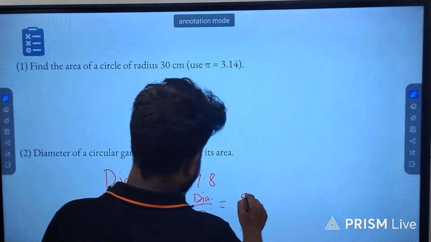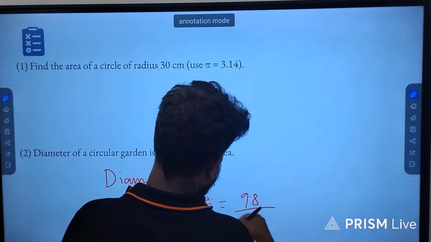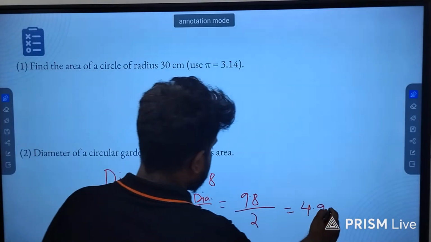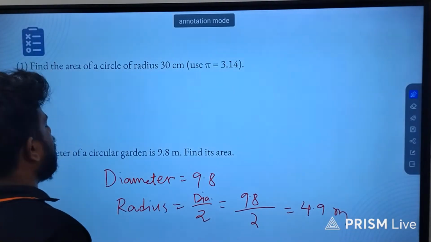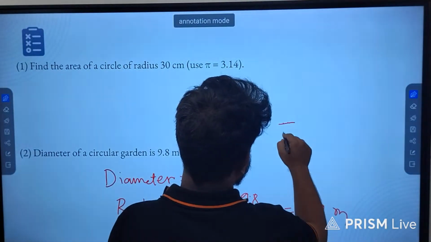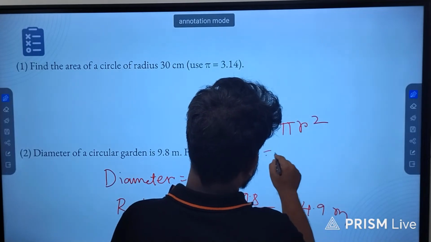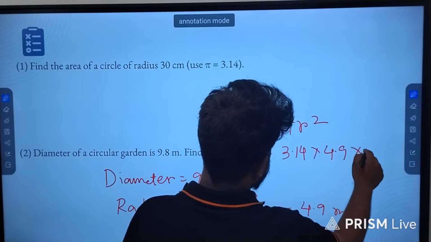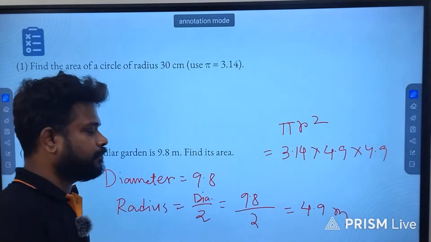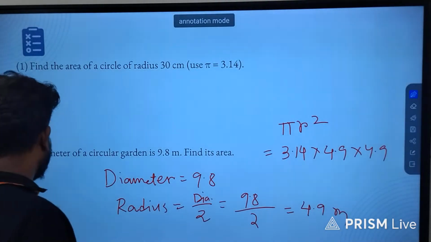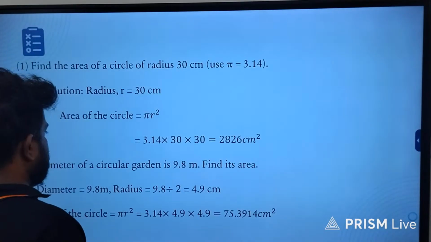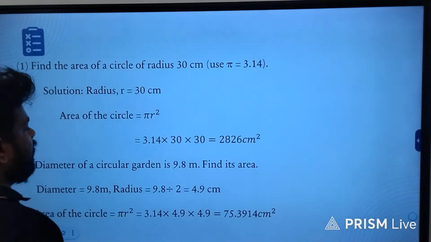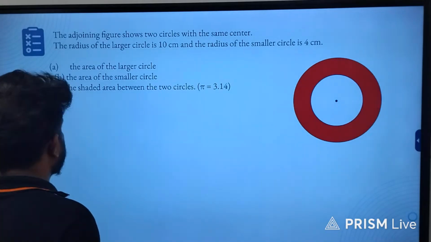So it will be 4.9 meters, and the area will be pi r square, that means 3.14 into 4.9 into 4.9. Now multiply this, you will get the area. Yes, they have done it like this, and let's go further.